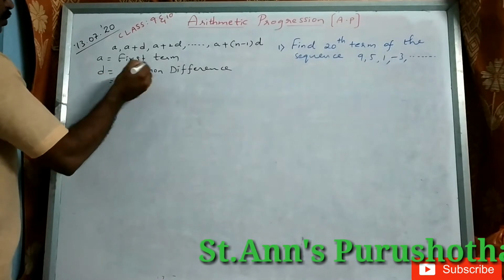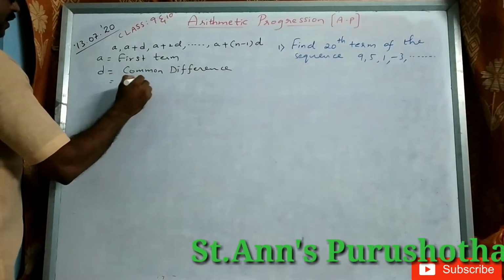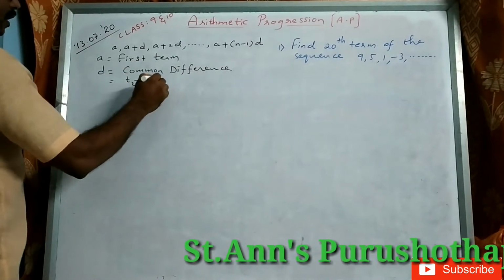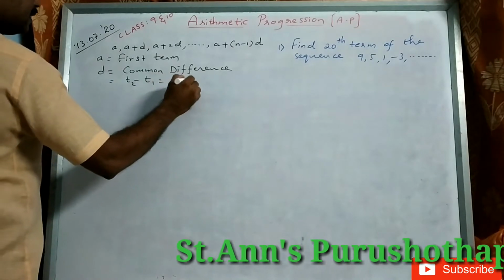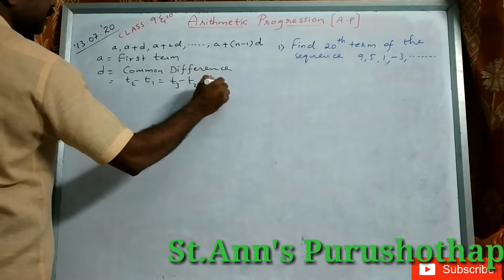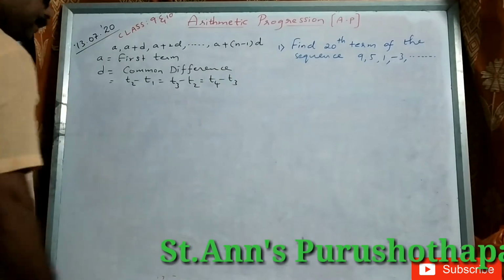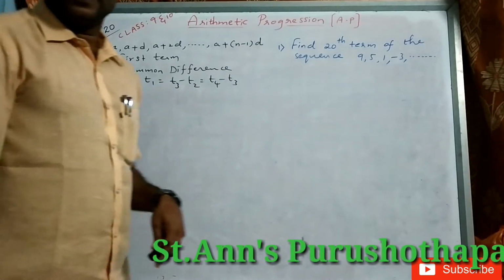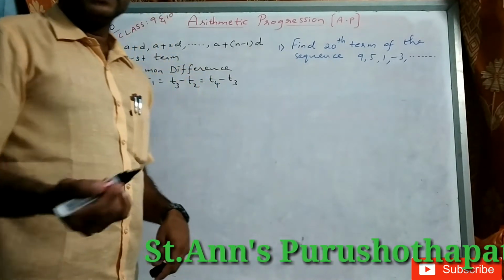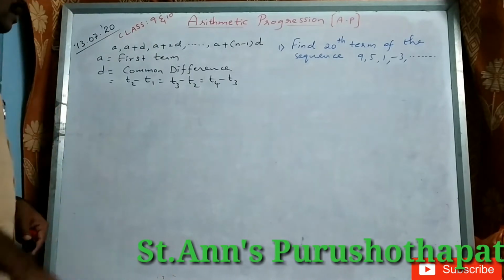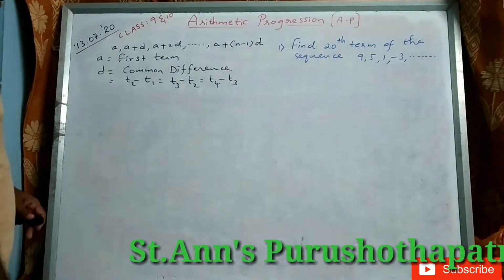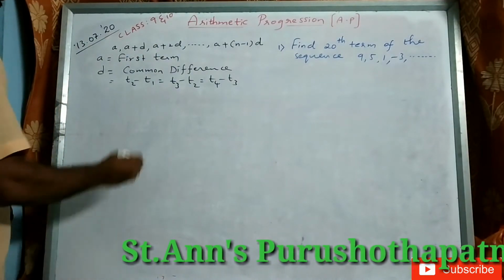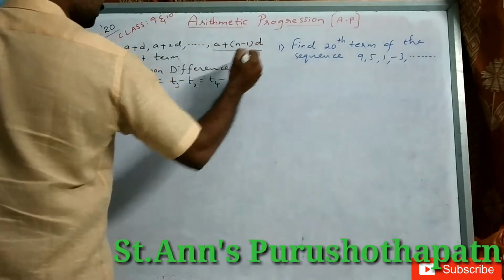I told you how to find the common difference: T2 minus T1, or T3 minus T2, or T4 minus T3. In an AP, the common difference is always equal. Remember that.